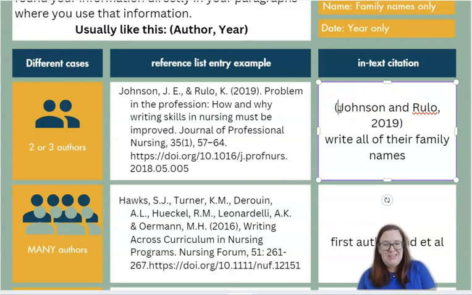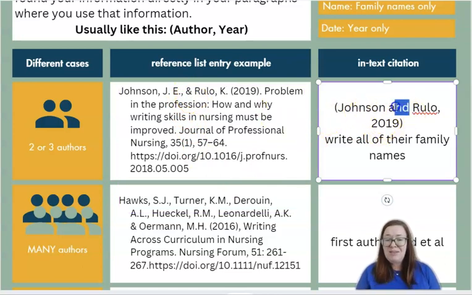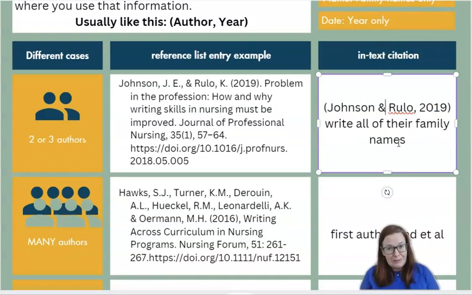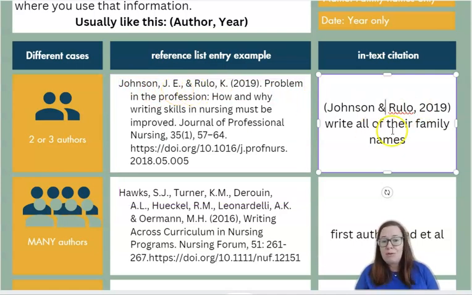Like that. If it's 2 names, APA isn't very strict about whether it's ampersands or ands. You can use either, actually. And so then we have that. Even though we have their initials in the reference list, we don't include that when we do in-text citations.